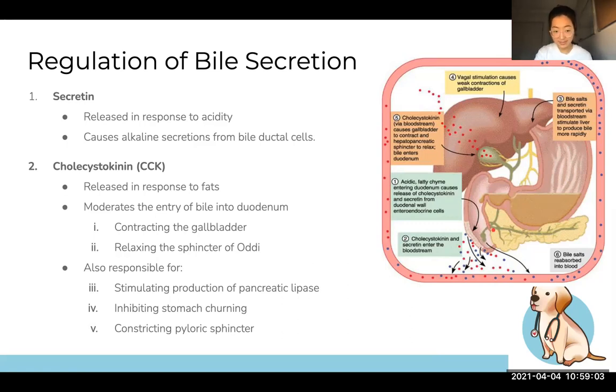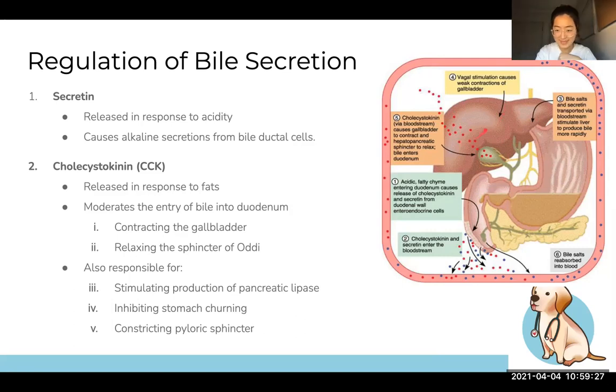Then your cholecystokinin is released in response to fats. If you have a very fatty meal, then it is released into your duodenum. Cholecystokinin is then going to cause the release of bile, and it does this in a few different ways. First of all, it's going to contract the gallbladder. The gallbladder is where all of the bile that was originally made in the liver is stored.